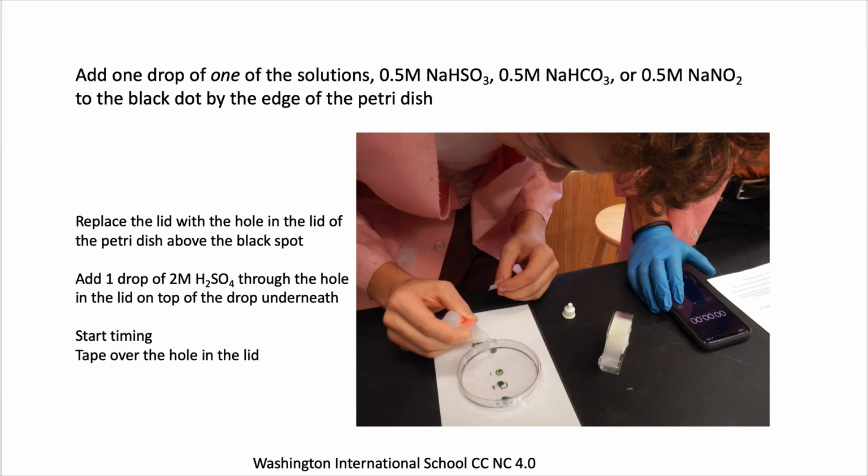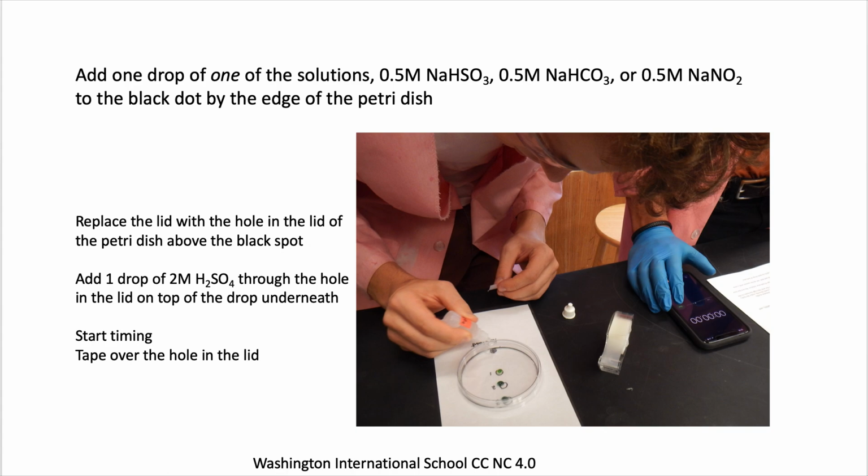Then add one of the following solutions, the 0.5 molar solutions. We can start with the sodium hydrogen sulfite, and you'll put that on the black dot.